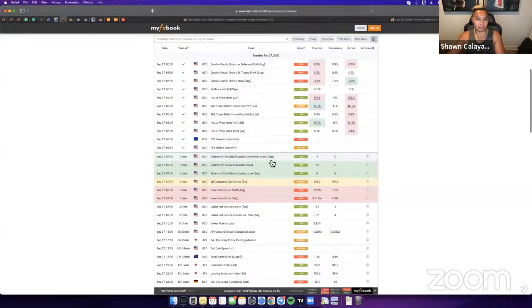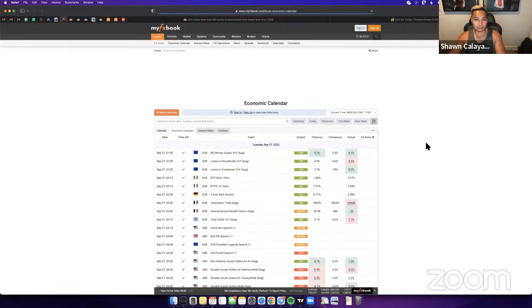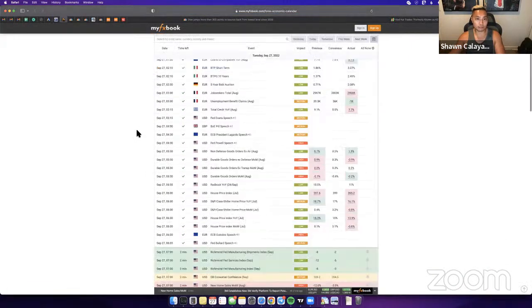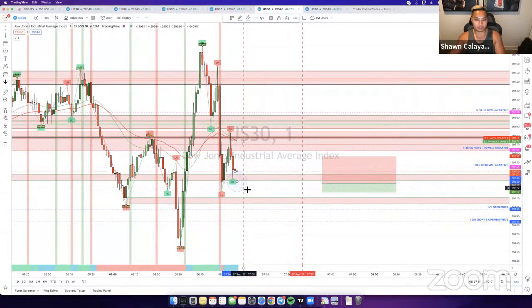They have the same thing here, but they broke it down to 3 different news events. Shipments, services, and manufacturing. So that's fine. Thanks for the update, Peter. It's useful because I don't really look at my FX book. I typically like to go with Forex Factory, but my FX book does have stuff that Forex Factory doesn't sometimes.